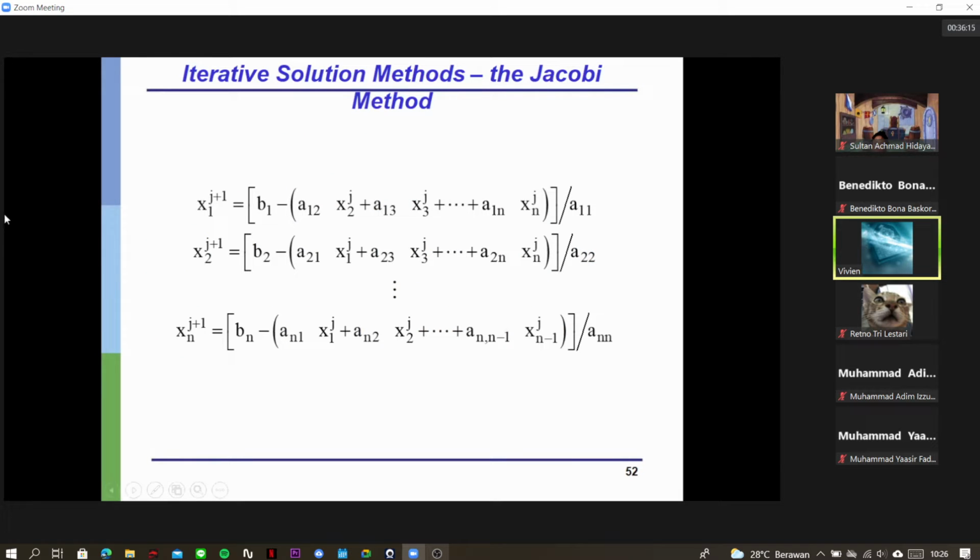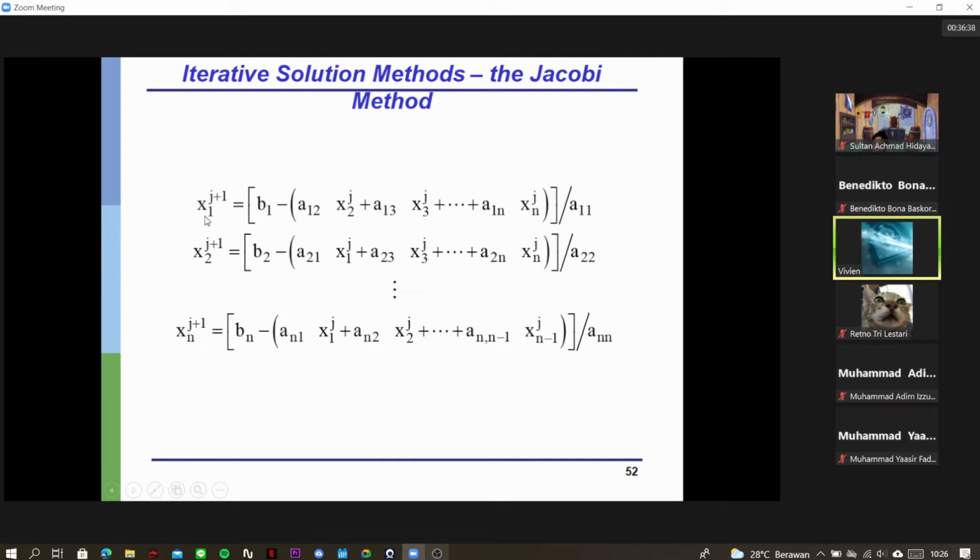So we will see here that for the Jacobian method, if we have x1, x2 up to xn calculated for iteration j plus 1, when we calculate x1, then x2, x3 up to xn are calculated based on the values from the previous iteration, which is j.